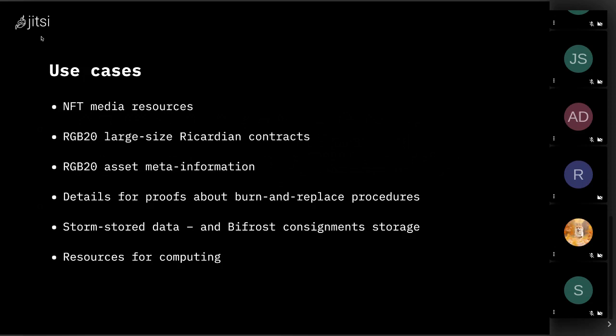We need to start implementing that also, because right now the RGB20 schema uses a very strange format for storing proofs of the burned assets in the future. And we actually need to migrate that to a data container-based format. Also, data containers will be needed for consignments when you do a transfer, because today it's really inconvenient when you copy the string, and after a few passes you will need to copy kilobytes of Base32-encoded consignment, which wouldn't work.